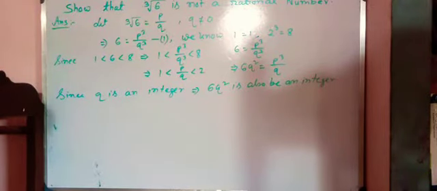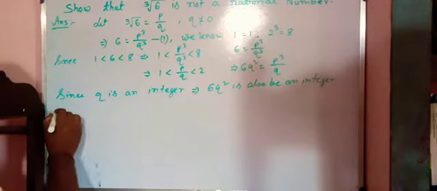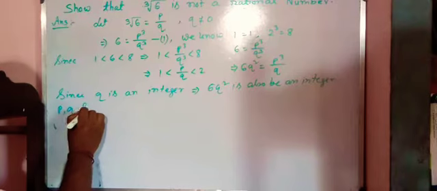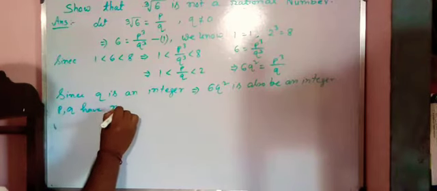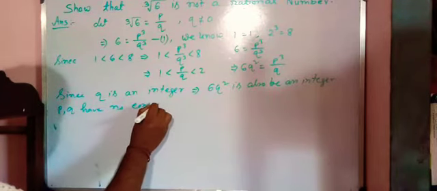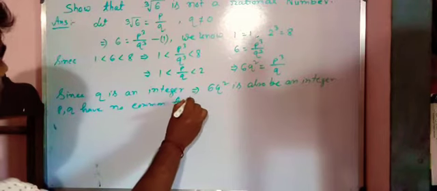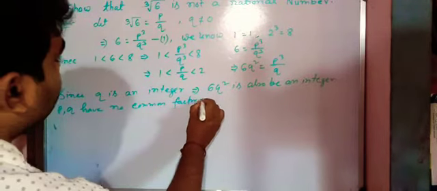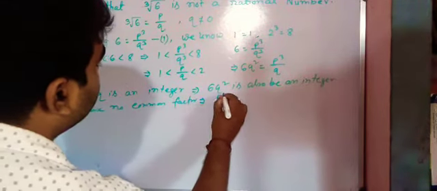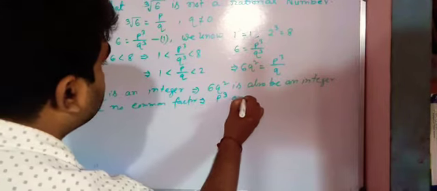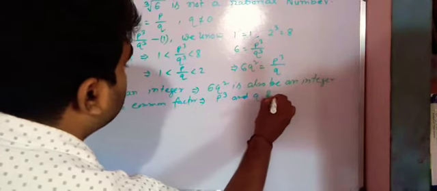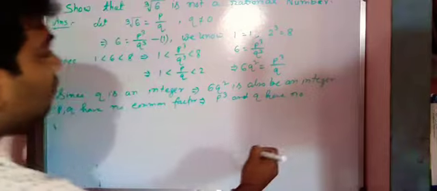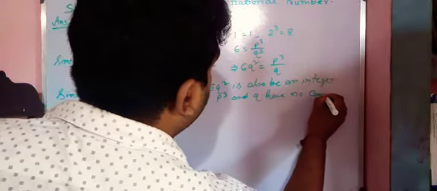Understood? And also p, q have no common factor. That's implying p cube and q have no common factor.